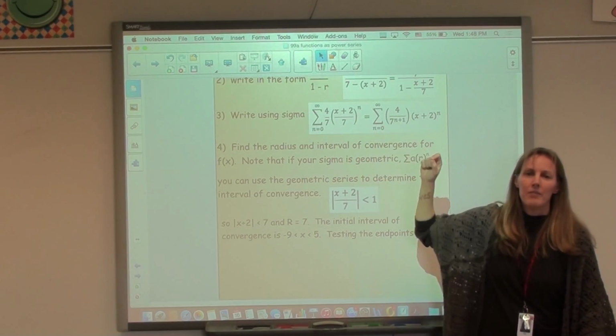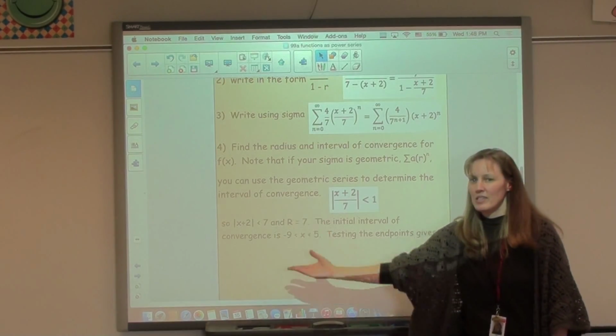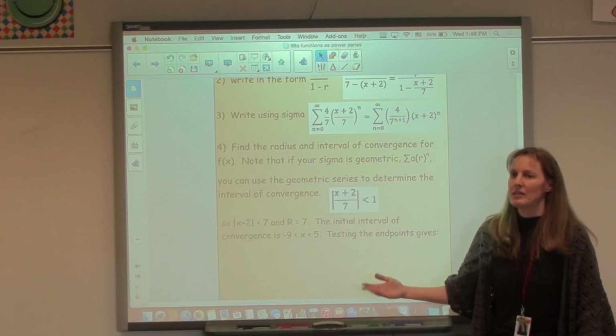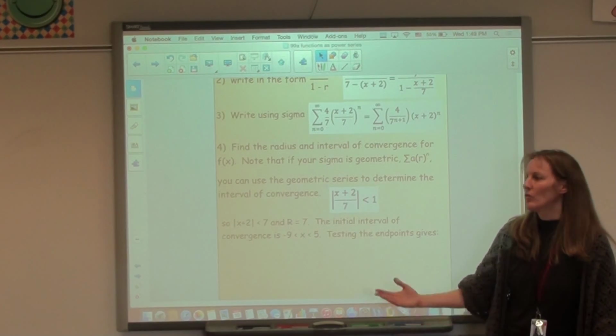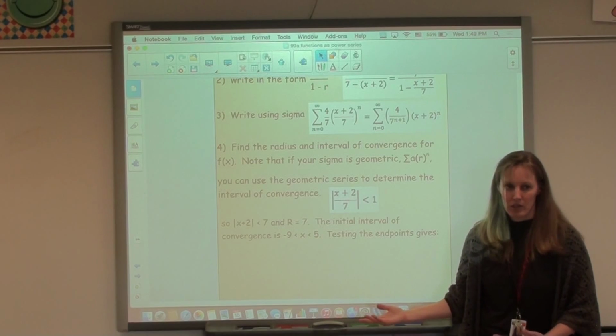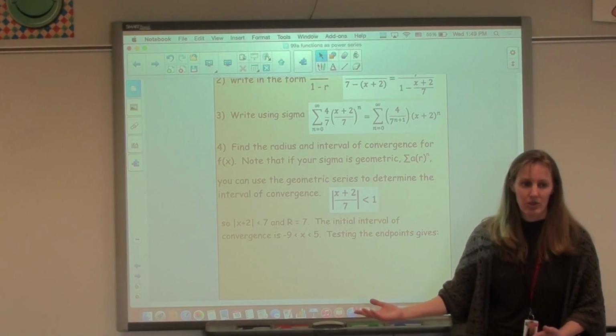So, I'm still testing the endpoints every single time because I'm just not comfortable not testing them. But I will tell you that the endpoints will always diverge when it's geometric. If it's truly geometric, then the endpoints will diverge.